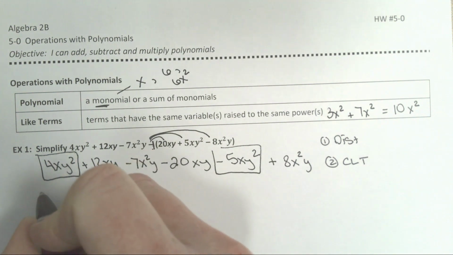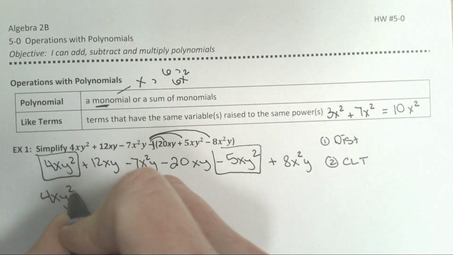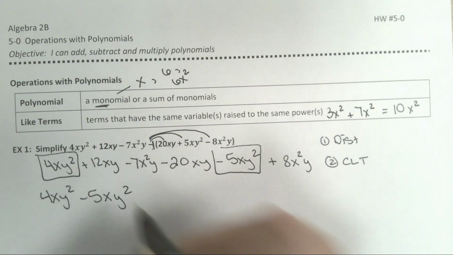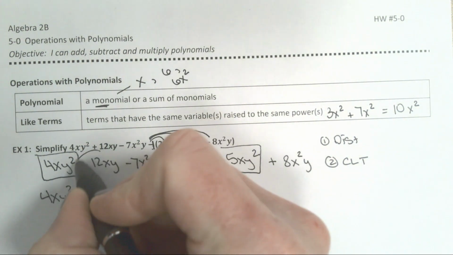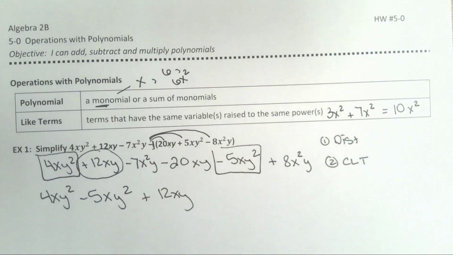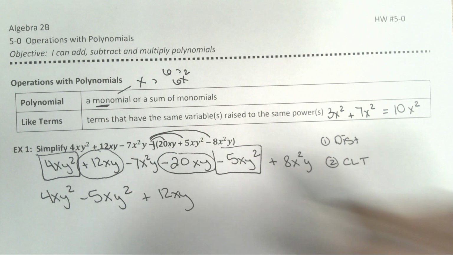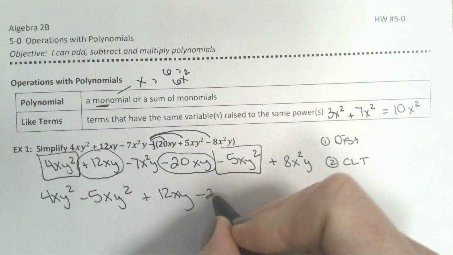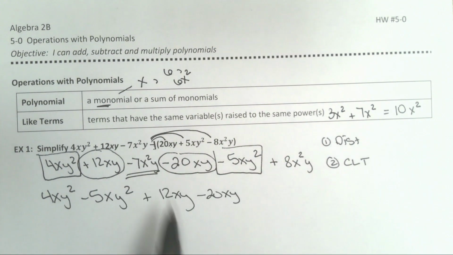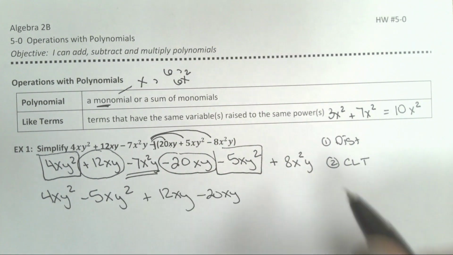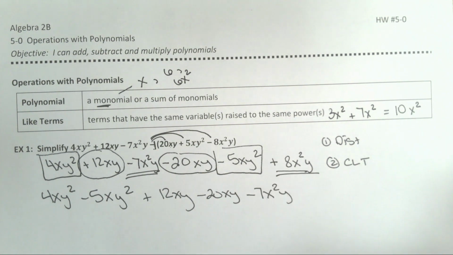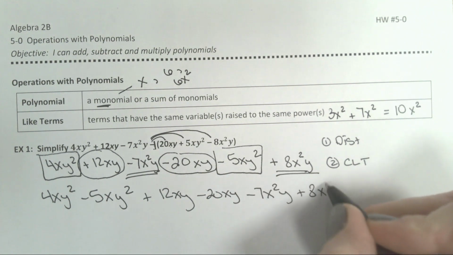So I'm going to regroup them together. And we have a 12xy, and that is like this term, the negative 20xy. And then finally, this is x squared y, and that is like the 8x squared y.